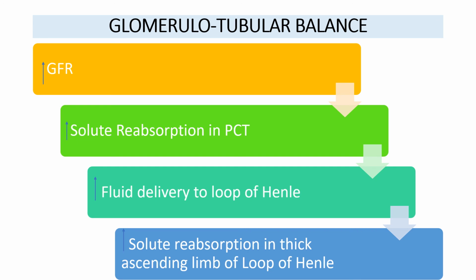If there is an increase in GFR, what will happen? There will be increased solute reabsorption in the PCT. Then there will also be an increased amount of sodium presented to the loop of Henle, which will increase reabsorption there also, and finally more solute reabsorption in the thick ascending limb of the loop of Henle.